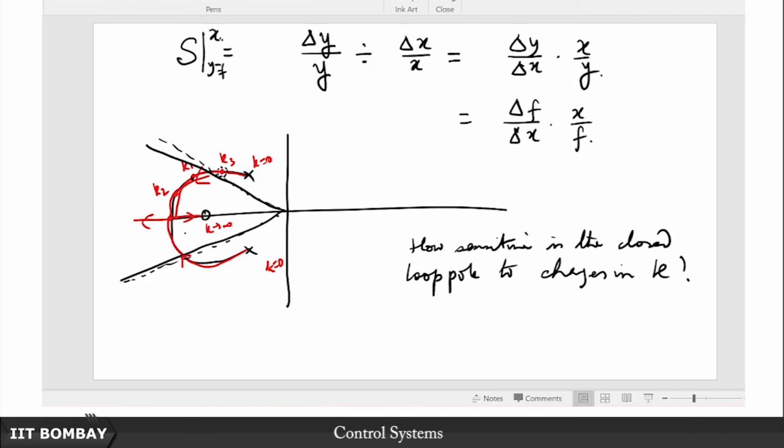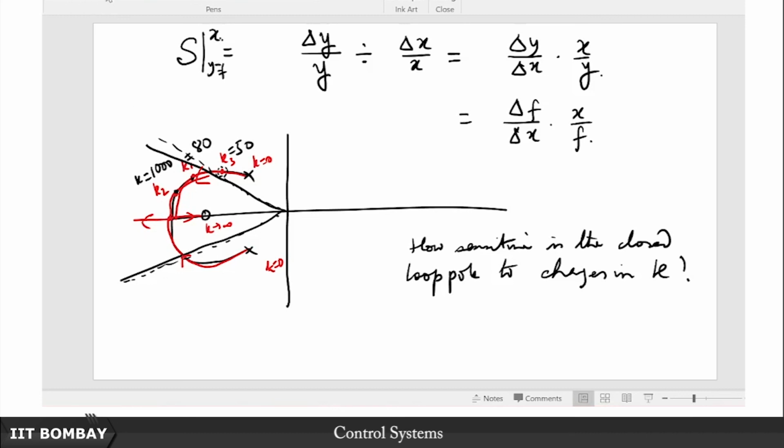It may happen that, let us say this is k is equal to 50, and let us say this is k is equal to 80, but this is suppose k is equal to 1000, hypothetically speaking, okay, just suppose some such root locus exists, okay.